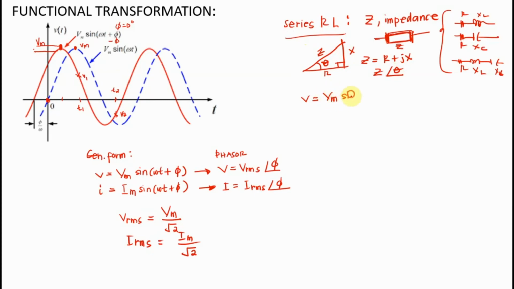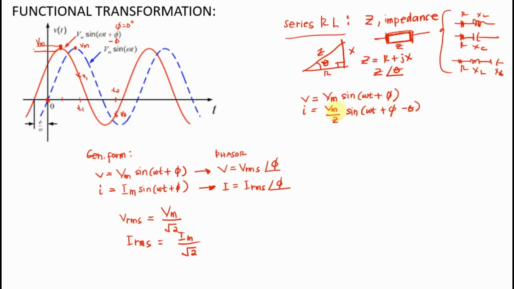Considering the series RL, we again have the instantaneous voltage, which is the maximum voltage multiplied by sine omega t plus phi. And for the instantaneous current, instead of using Im, I will use Vm over Z: sine omega t plus phi minus theta.